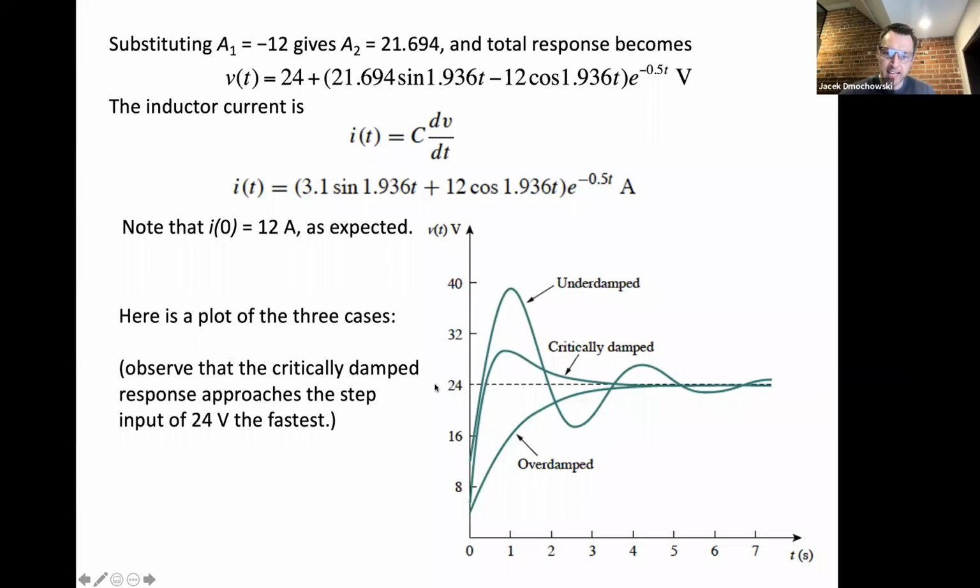Now notice that unlike before, in the source-free case, these voltage traces are not converging to 0. They're converging to the forced response. So they are converging to a value that's not equal to 0. So that's important.